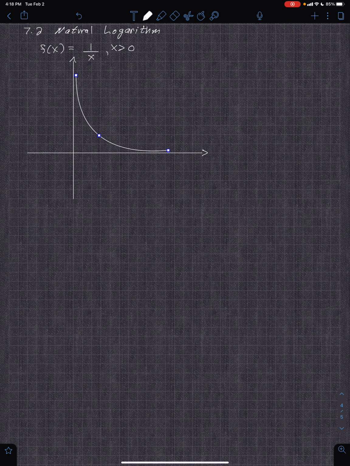You get the idea, you know what that looks like. So it's asymptotic, of course. So that's our function 1 over x.